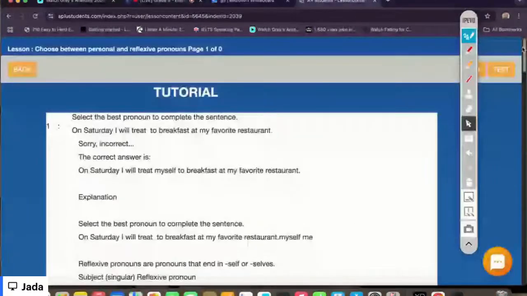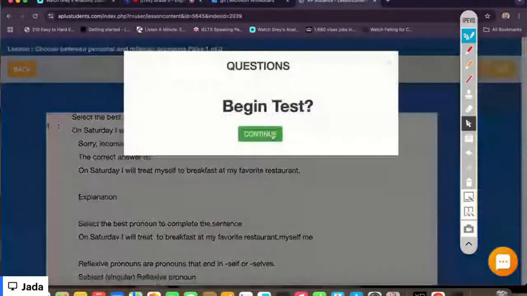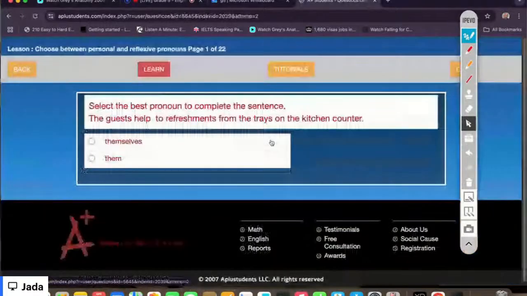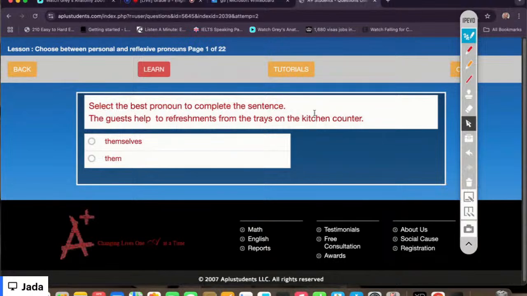All right, so we'll move on to the test. Share your answer with me. All right, so select the best pronoun to complete the sentence. The guest held dash refreshments from the trays on the kitchen counter. So them or themselves?